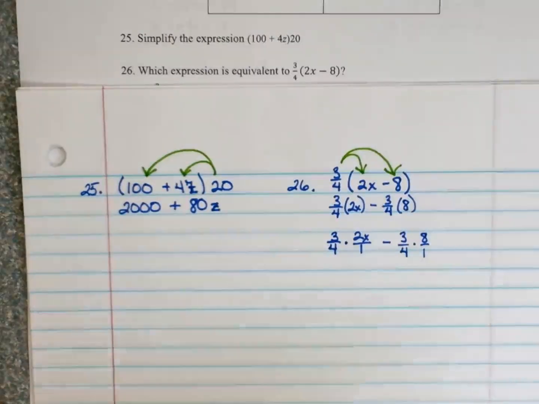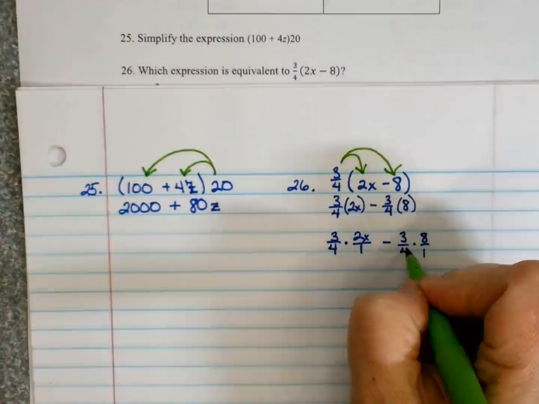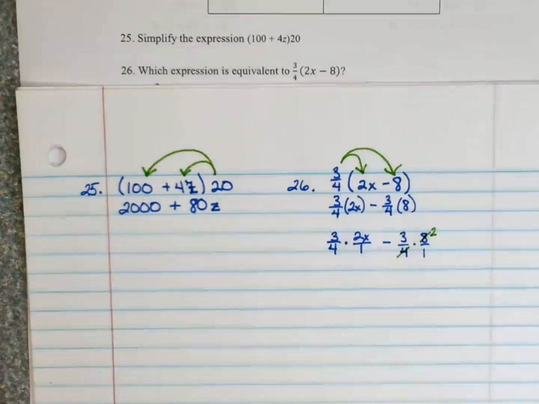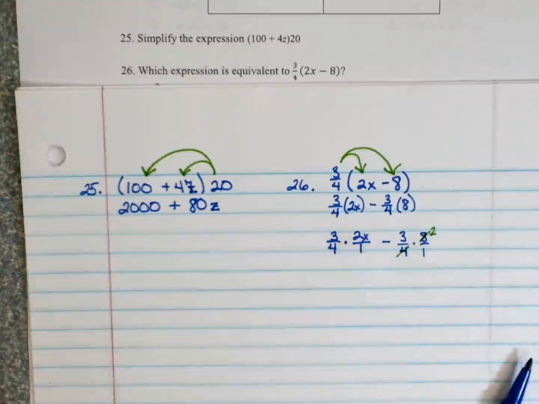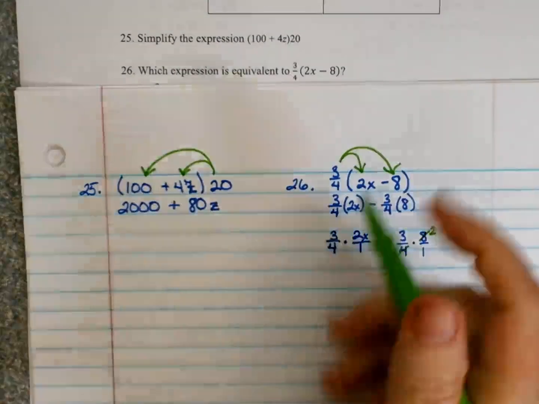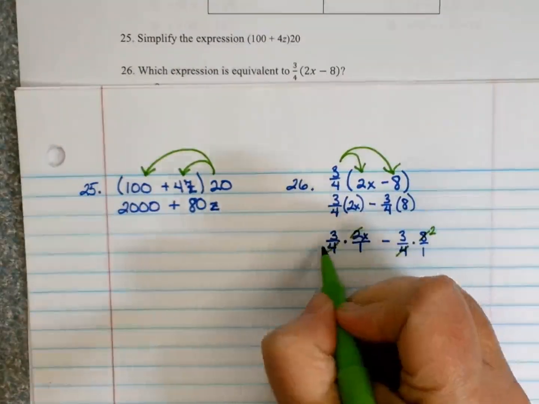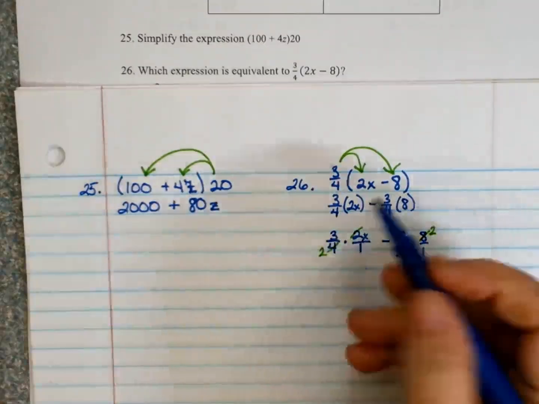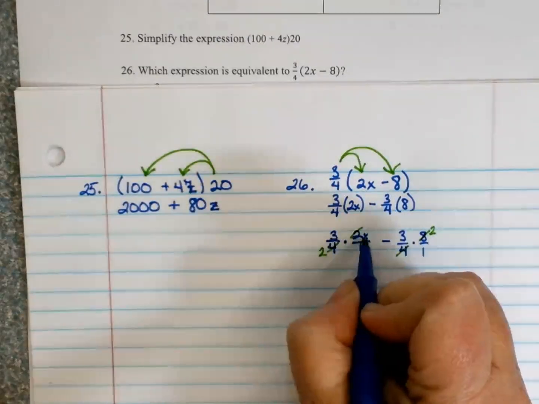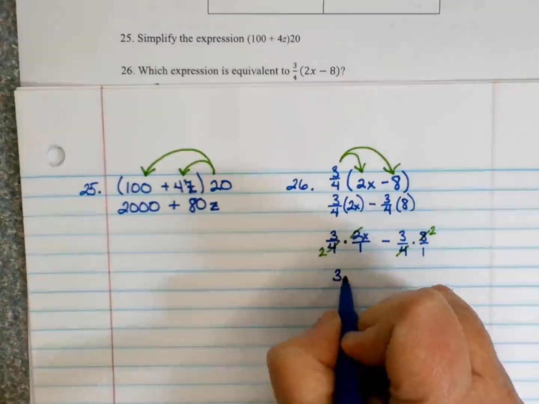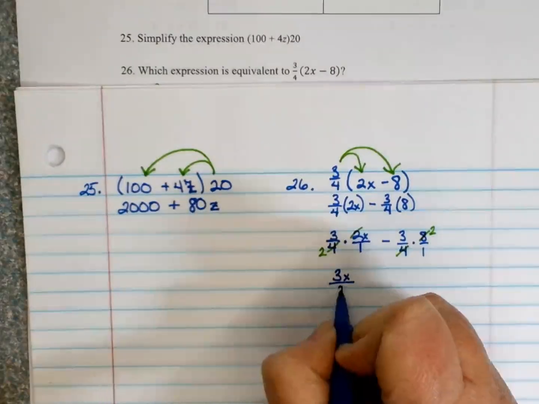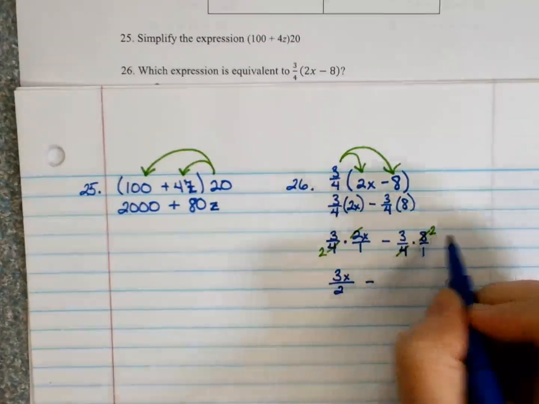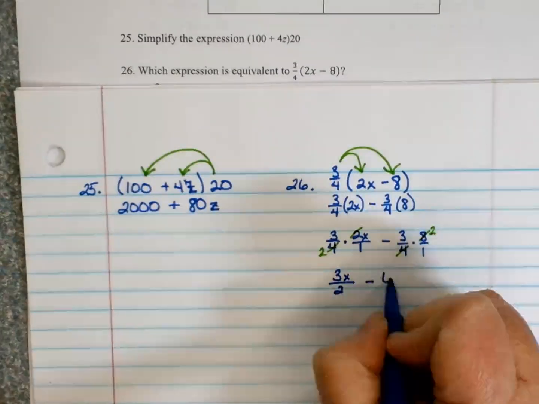Okay. I know these will cross cancel, so this becomes 2. And these will cross cancel, and that becomes 2. So this becomes 3 times, that becomes 3x over 2 minus 3 times 2 is 6.